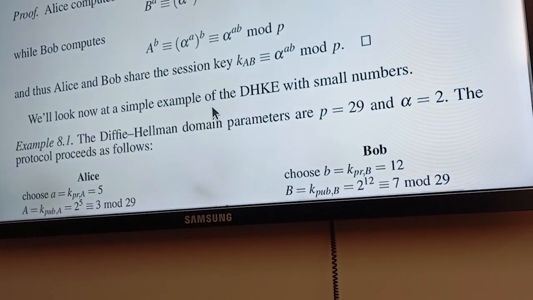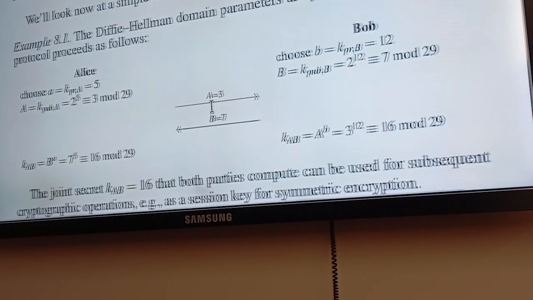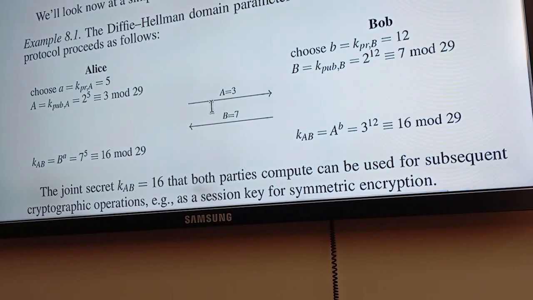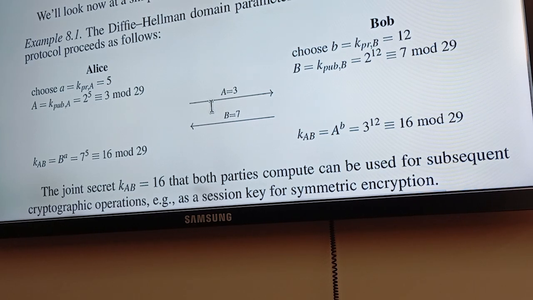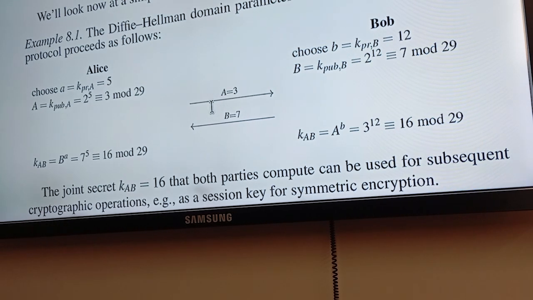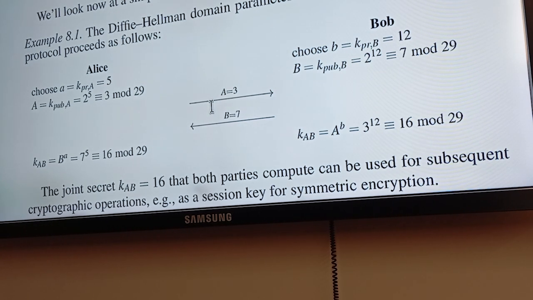We also have a very basic example here to further clear our doubts that the Diffie-Hellman key exchange was a very solid, ingenious idea.